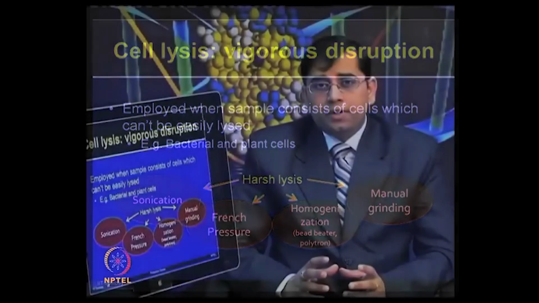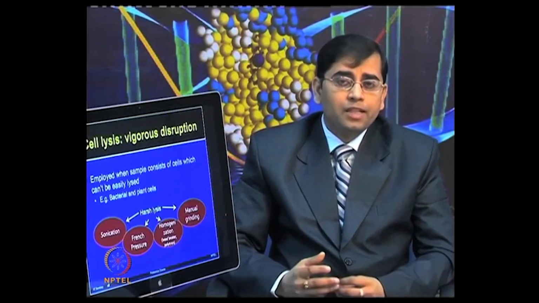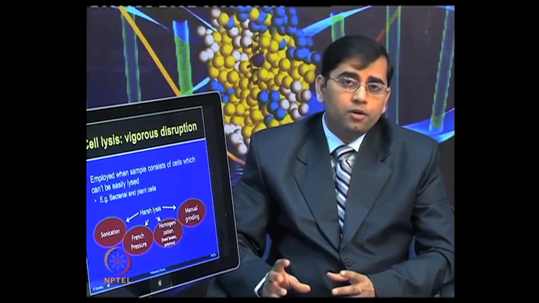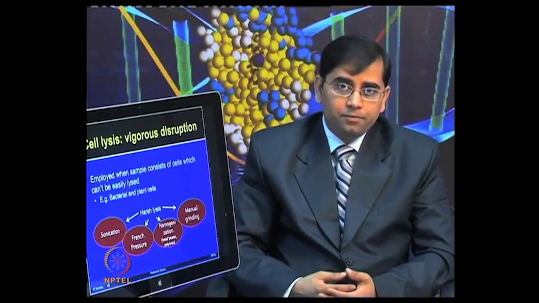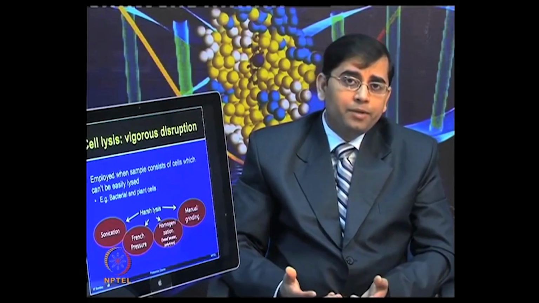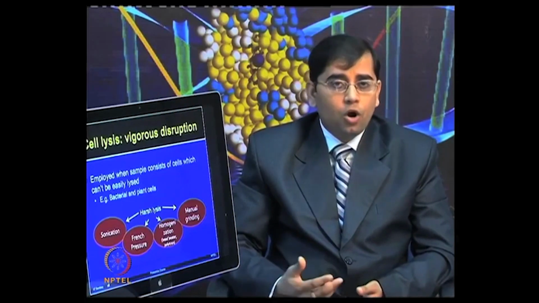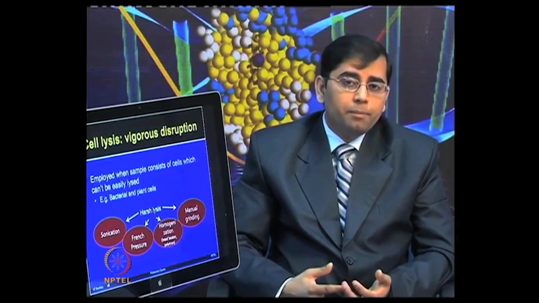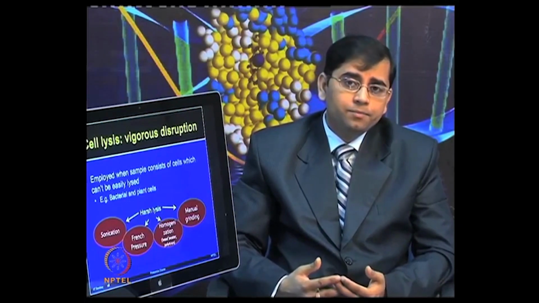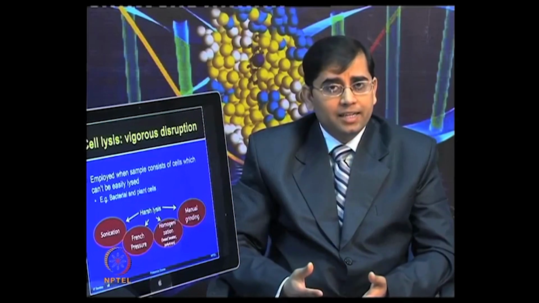We will talk about different cell lysis methods and some of the principles involved as we go along with more specific types of samples. But in most sample preparation, people use manual grinding or homogenization by using bead beaters or polytron homogenizers. So, these are very commonly used homogenization methods.